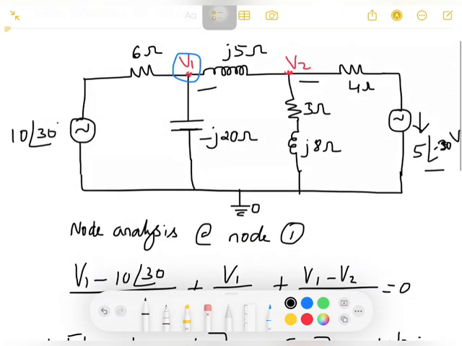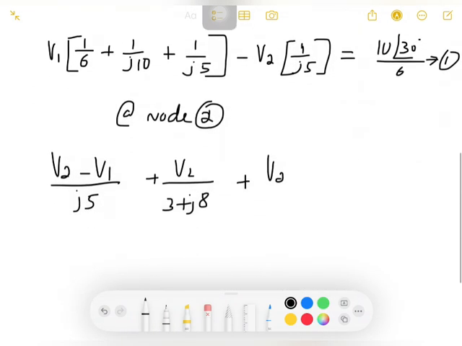So the direction here is below, so hence V2 minus of minus will become plus. If it is above, it could be positive. Here it is not given, hence I have taken it as positive here. That will be V1 minus... So here if I take minus of minus, it will become plus. It will be V2 plus 5 at an angle minus 30 degree divided by 4 equal to 0.